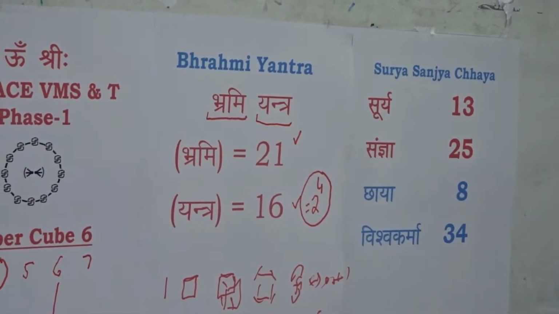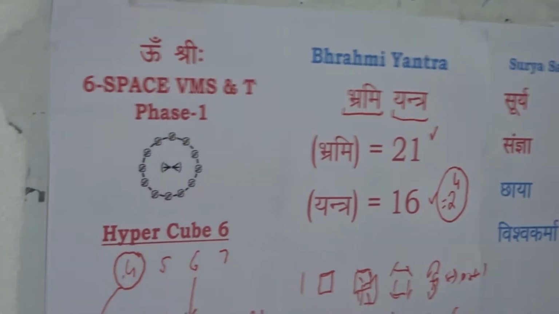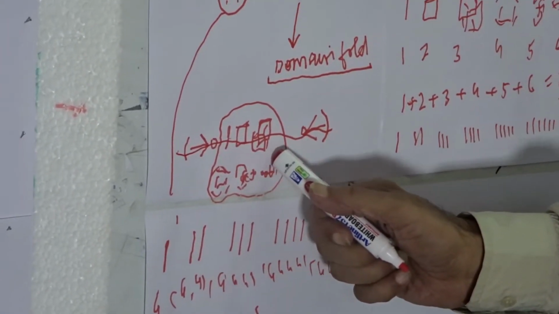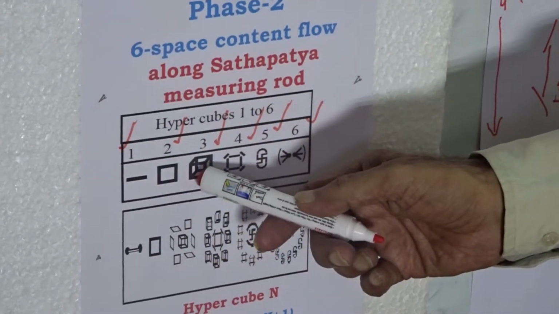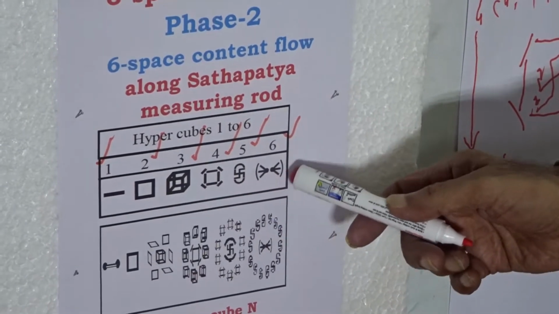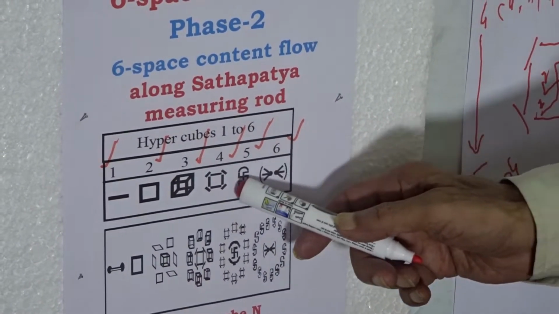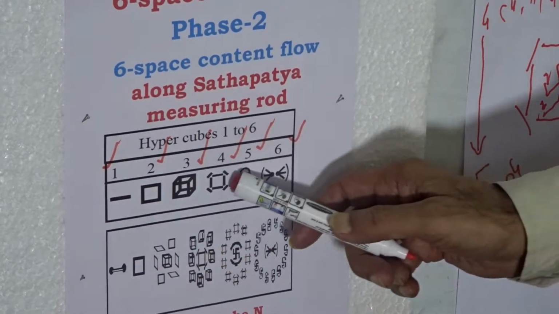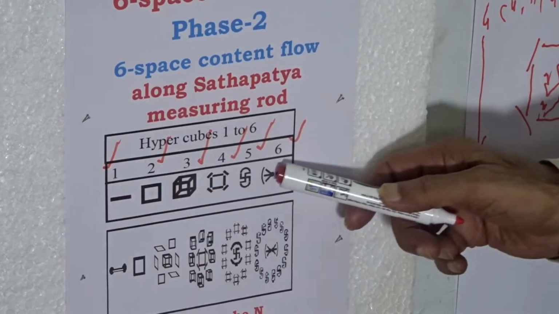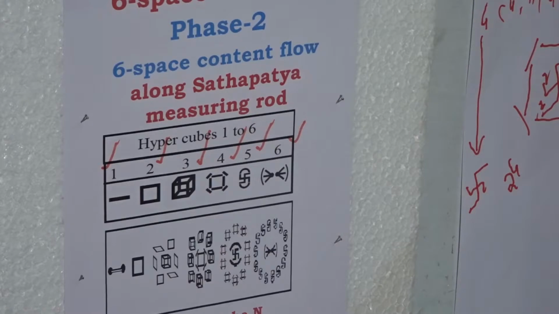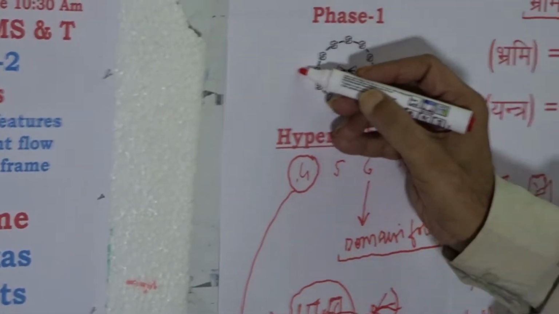Further, we know that the 6 space domain accepts a Sthapatya Meyring rod synthesized by interval, square, cube, hypercube 4, hypercube 5 and hypercube 6. These representative regular bodies of 1 space to 6 space together synthesize a Meyring rod. It is in terms of this Meyring rod that this 6 space domain is swapped.